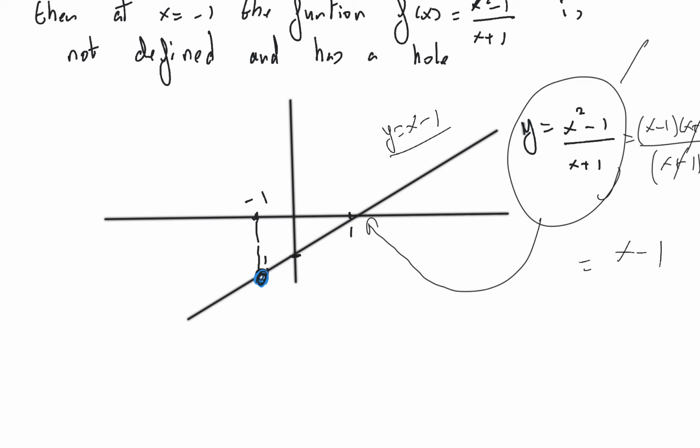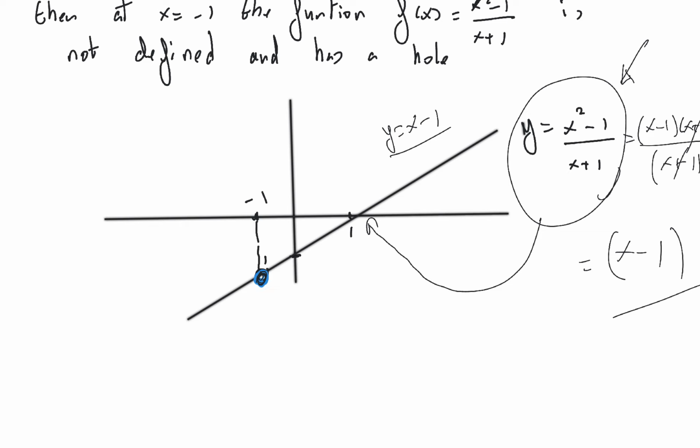This function, if you do the algebra, will tell you that this is x minus 1, which is a rectilinear line. But this function is not this one. This is valid only when x is different than minus 1. When x is minus 1, this function is not defined, so it has a hole here.